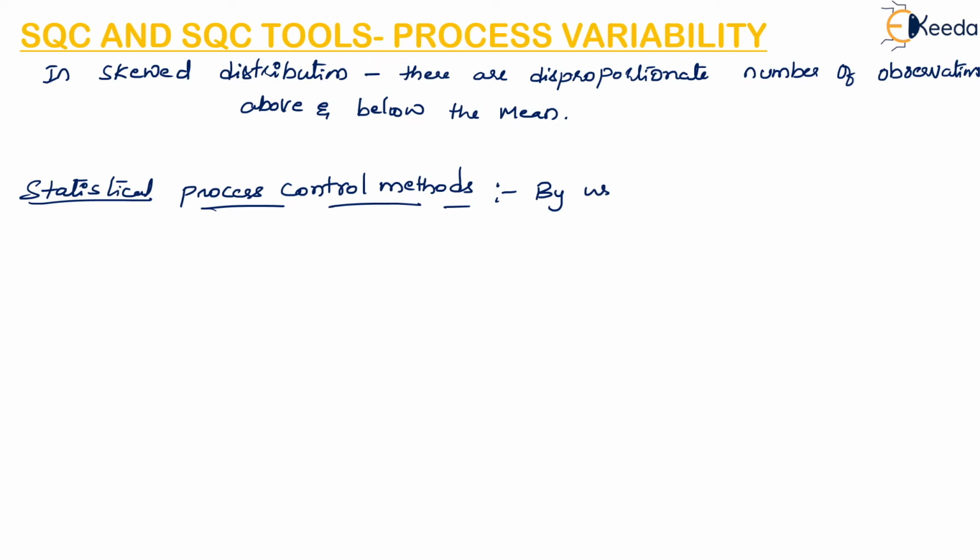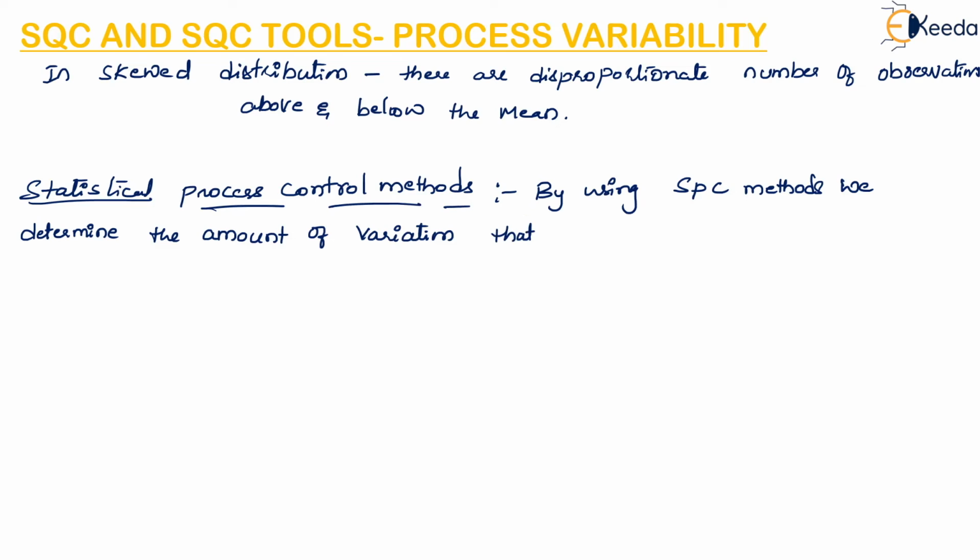So by using these statistical process control methods, we determine the amount of variation that is common or normal. Then we monitor the production process to make sure that the production stays within the normal range.